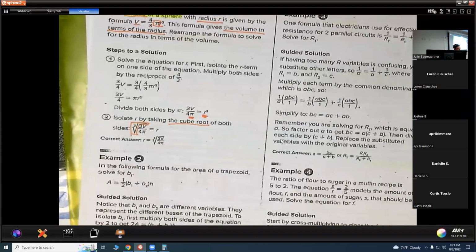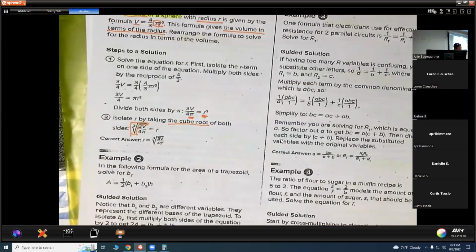But let's look at example 2. Okay. So was the question literally something like rearrange the formula to solve, or how was that symbol on the answer, the check kind of, this cube root?